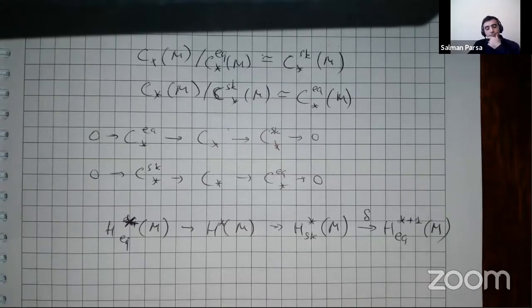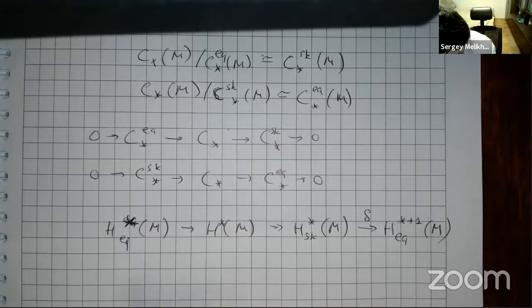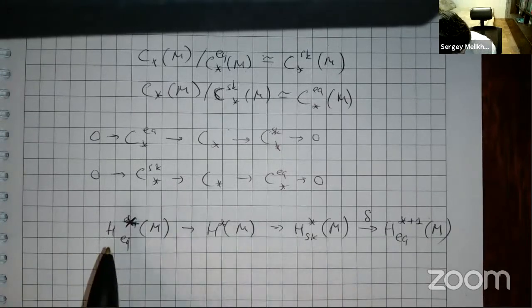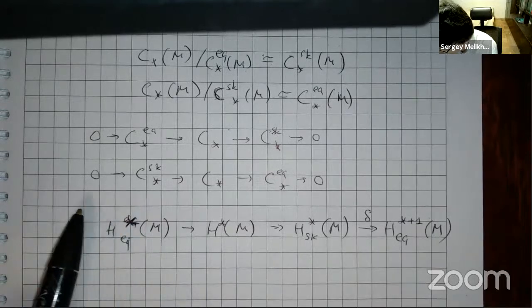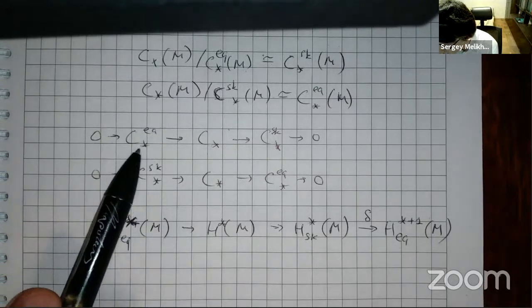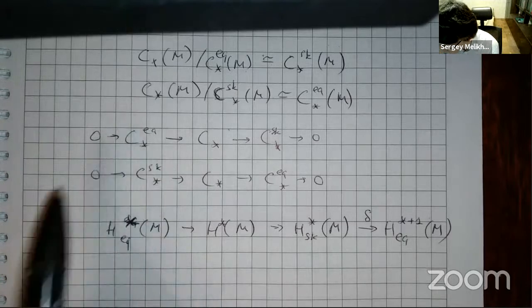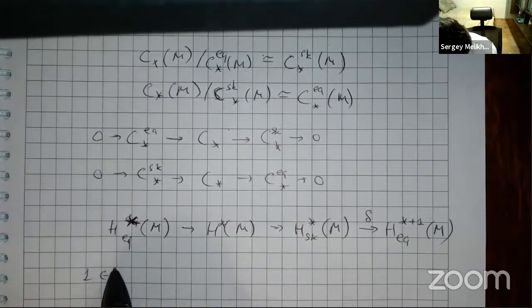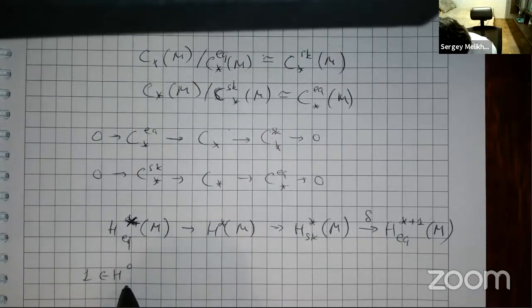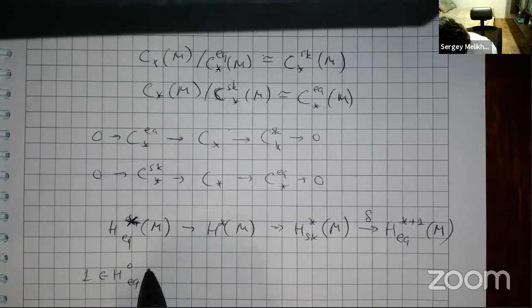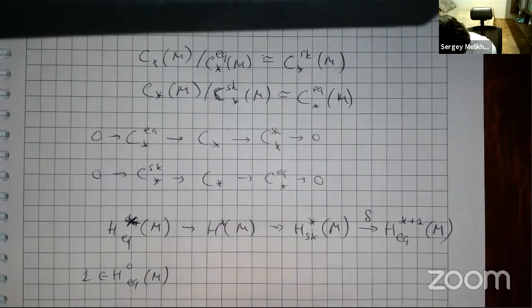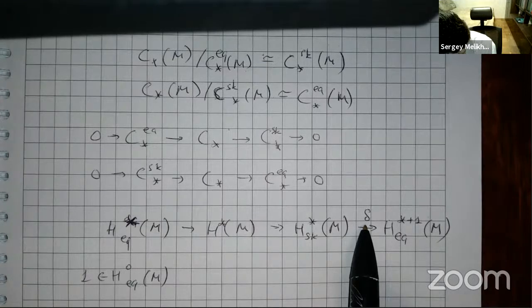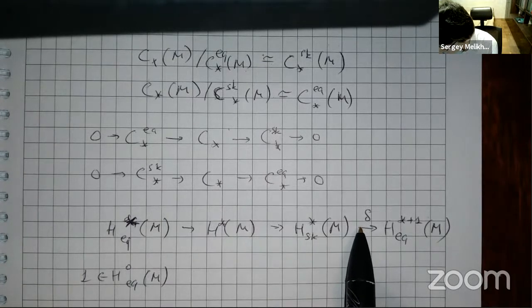So we take one in H0 equivariant, and then apply this delta as many times as we want.